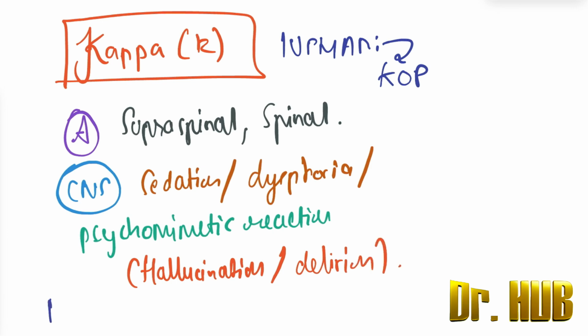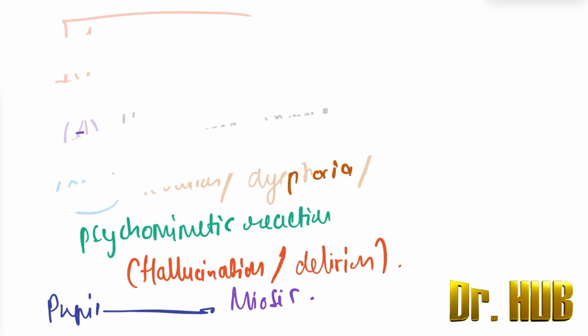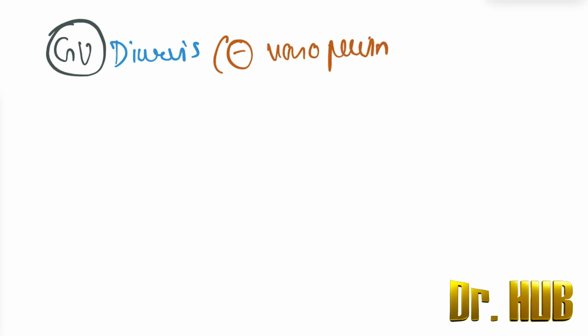Next we comment on the pupil. The pupil shows miosis. In the gastrointestinal, it is nothing significant. In the genitourinary, it causes diuresis, due to inhibition of vasopressin release.